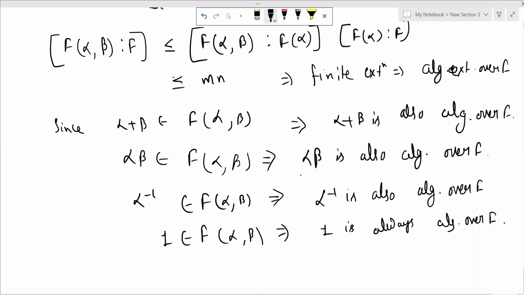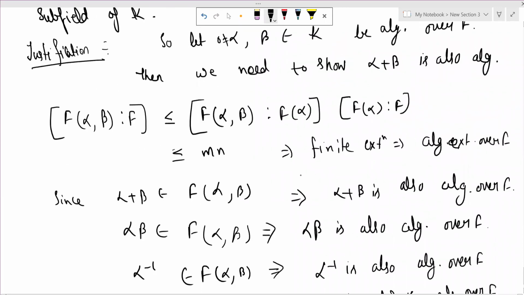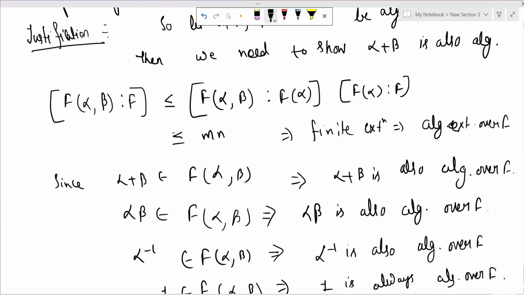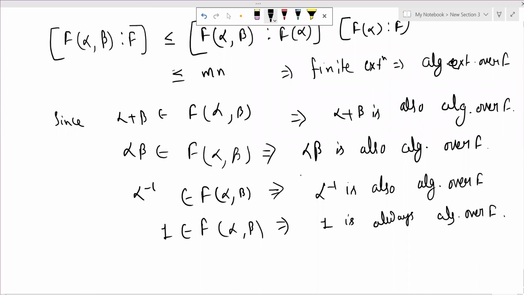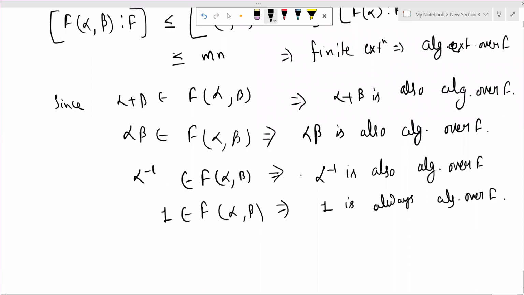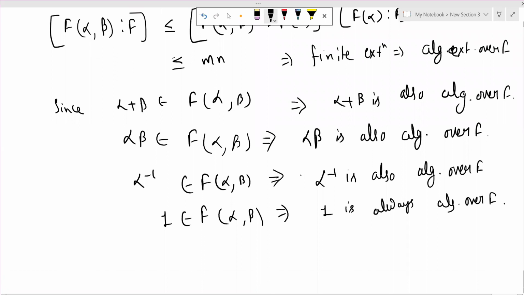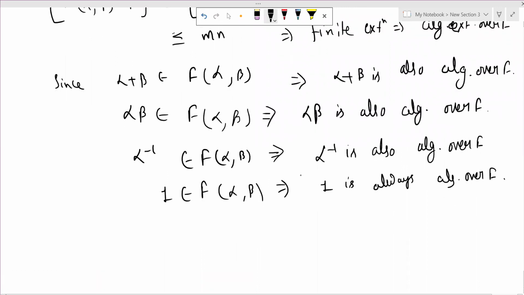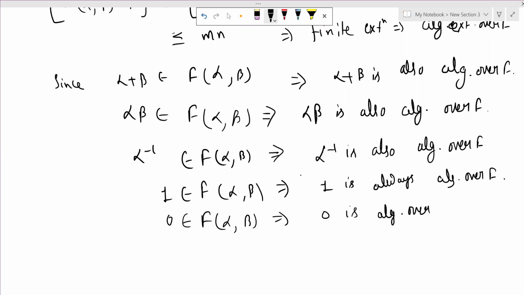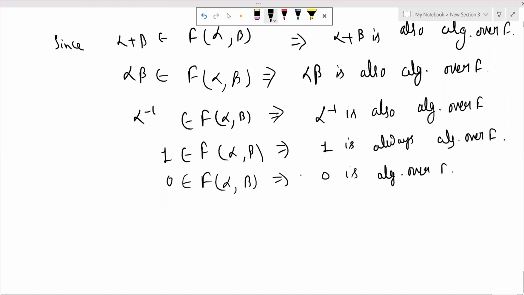So I have proved all properties, right? Is anything remaining? I proved inverse. 0 is obviously there. Let's write 0 also: 0 belongs to F(alpha, beta).